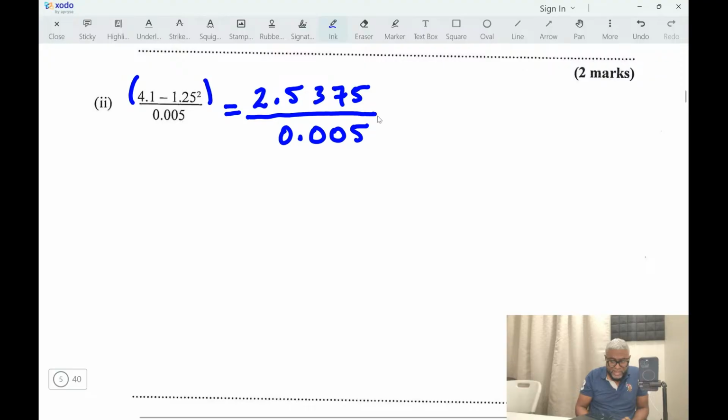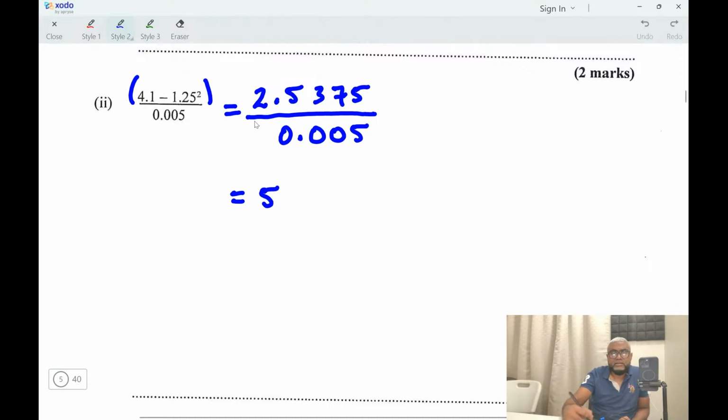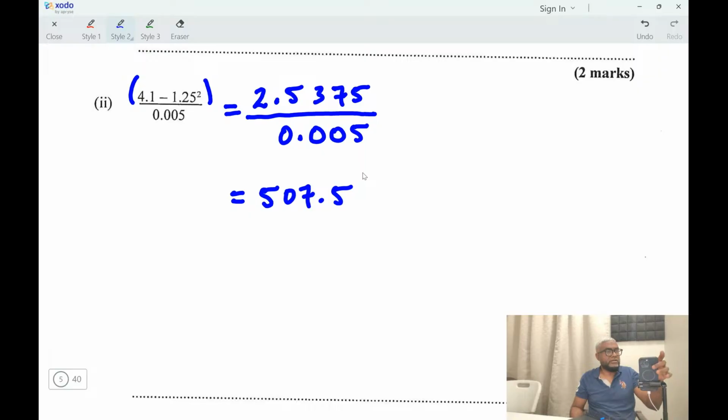So you now divide by 0.005 to get 507.5. That will be my answer here.